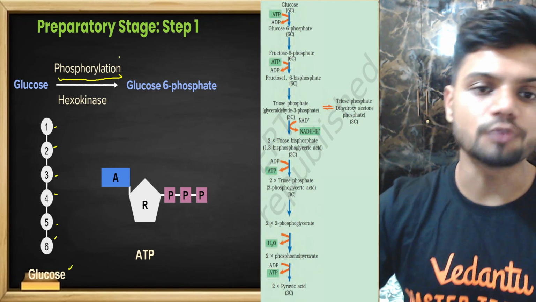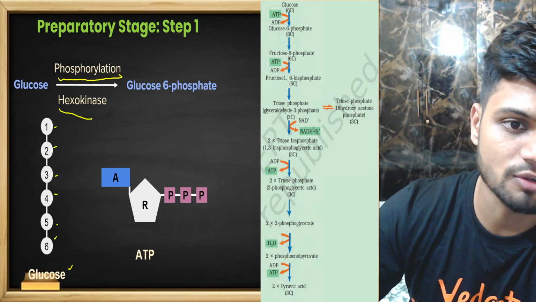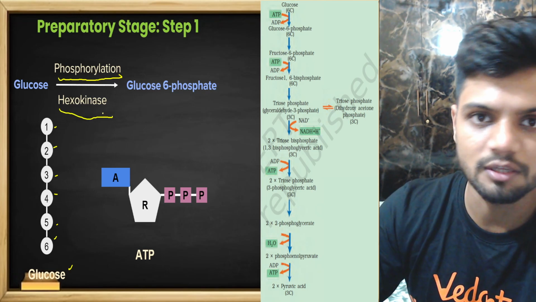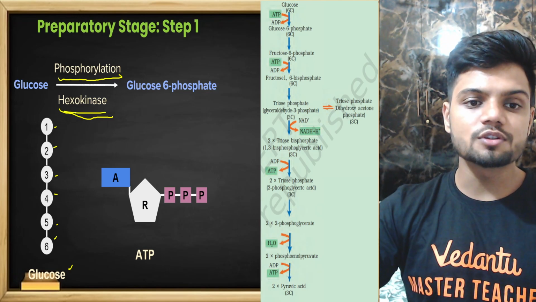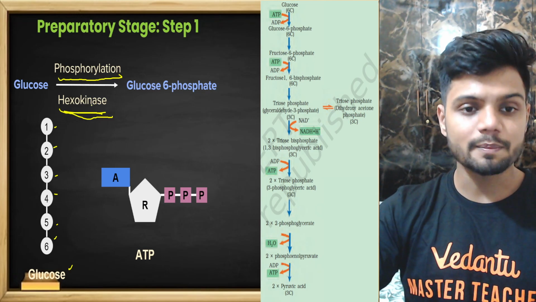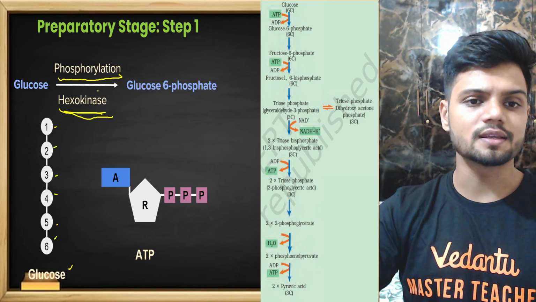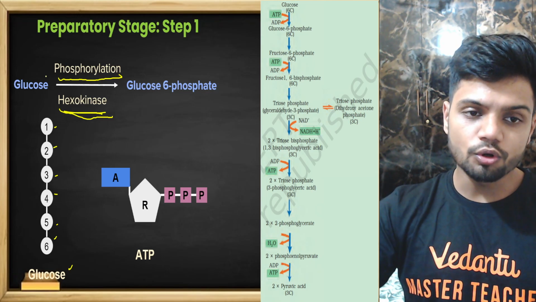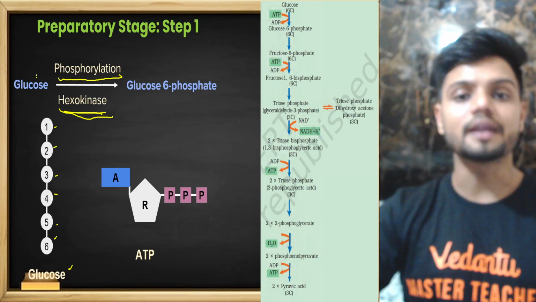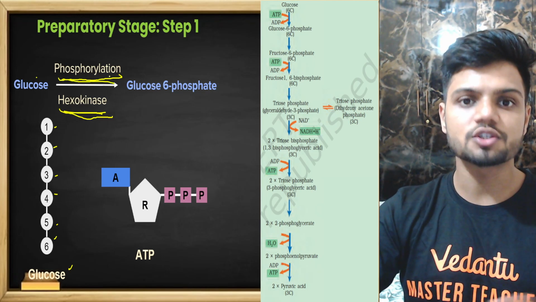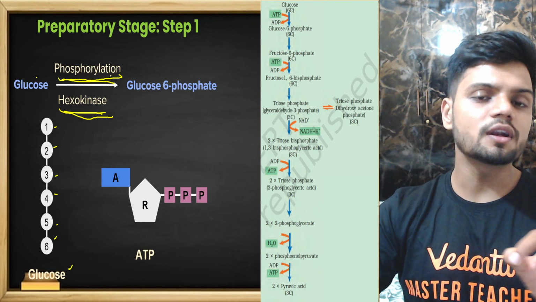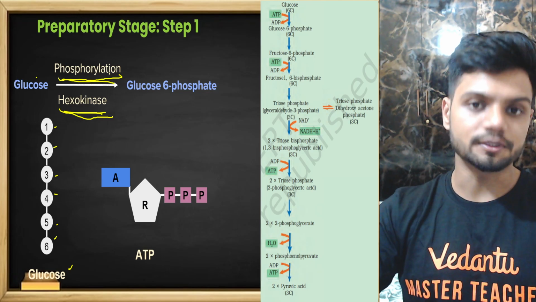Now what is happening in the phosphorylation in the presence of the enzyme hexokinase? Remember students, first enzyme, last enzyme, very important. In the presence of hexokinase, glucose is phosphorylated. In phosphorylation, we are adding a phosphate.